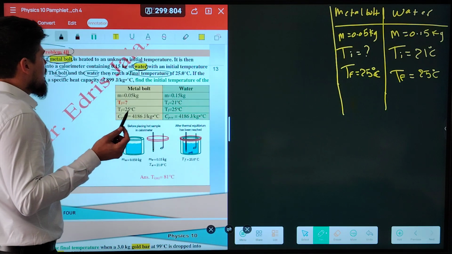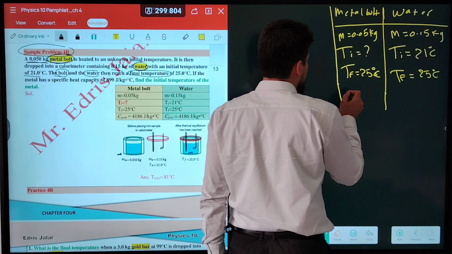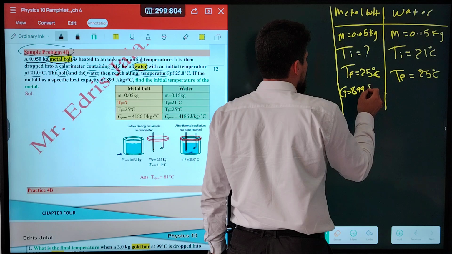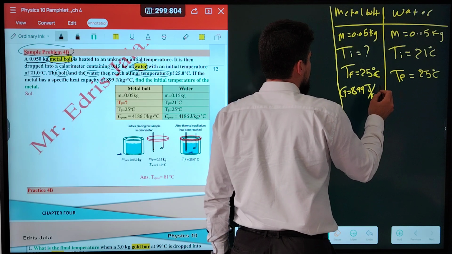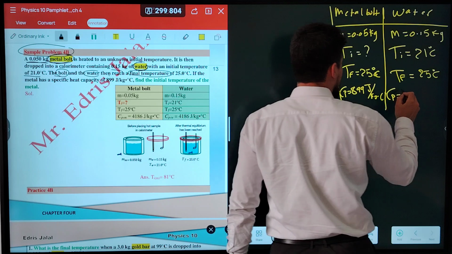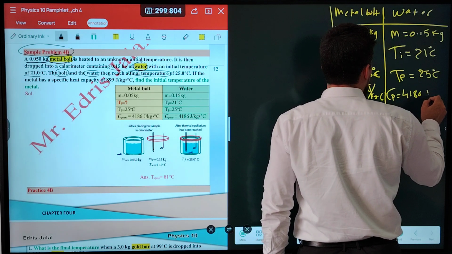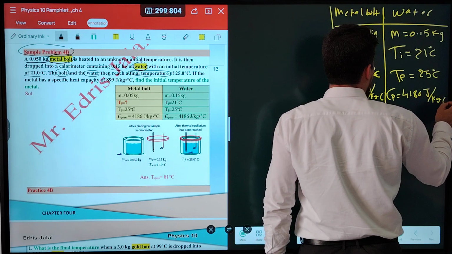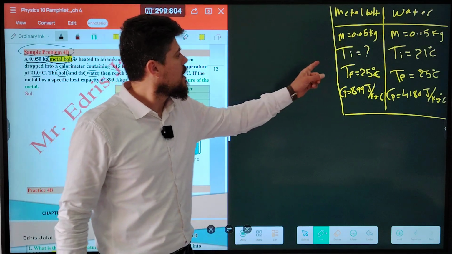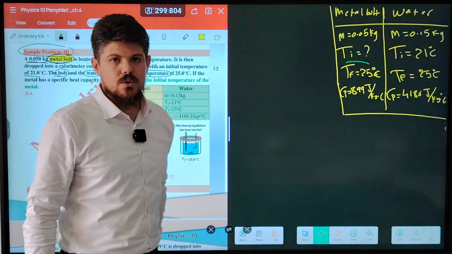If the metal's specific heat capacity, Cp, is equal to what for the metal? 899 joule per kilogram Celsius, and for water it's a constant you have to memorize, 4186 joule per kilogram Celsius. So how many unknowns do we have? One unknown, the initial temperature of the metal bolt.